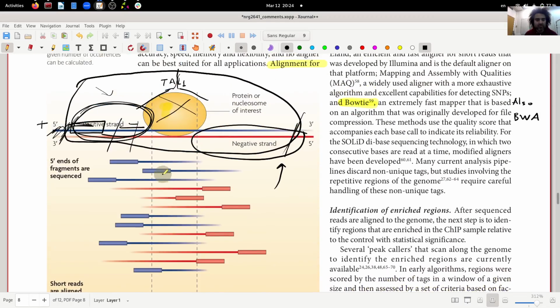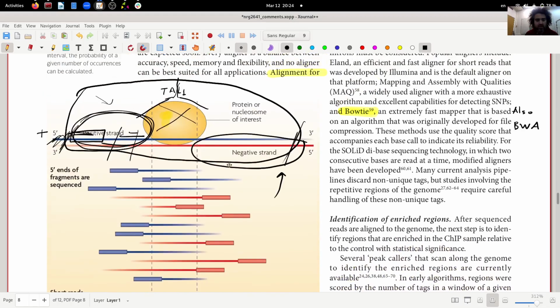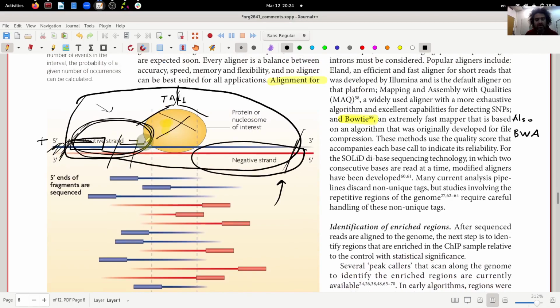Because on average, most of the reads here will fall in some location, and fragment size units on the right, the reads from the negative strand will follow. Because what we sequence is actually the beginning of each fragment. You remember that if the fragment is like that, we sequence this part in the single end.